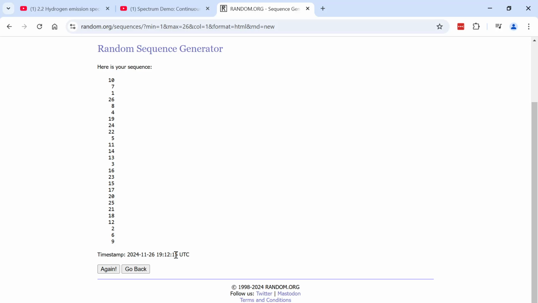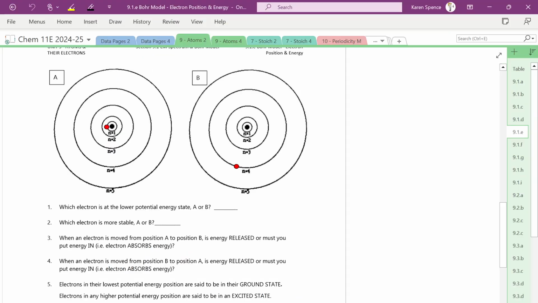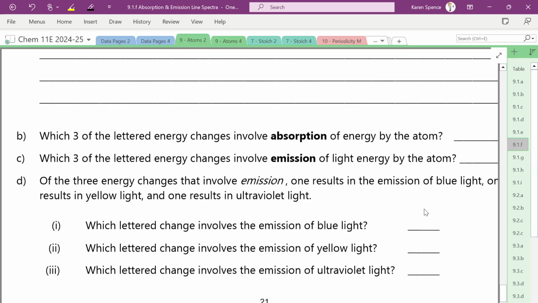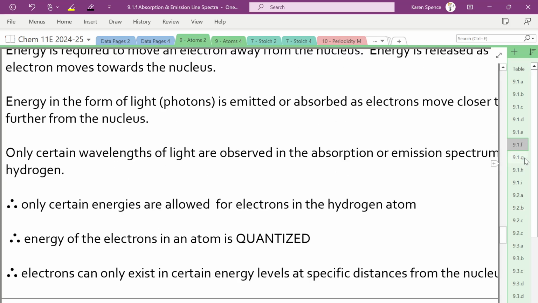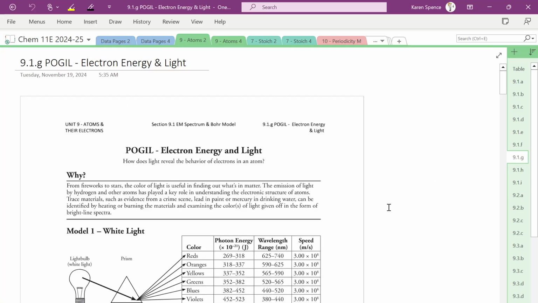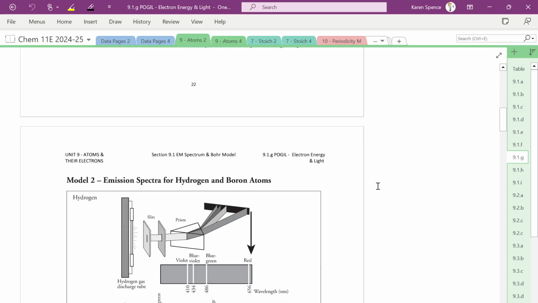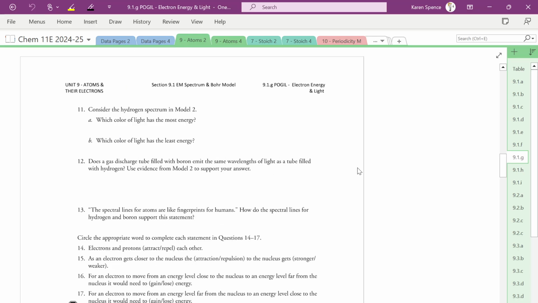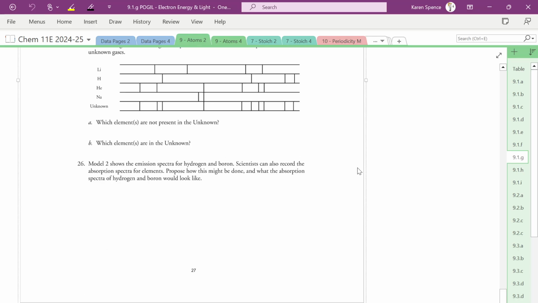You're going to find your people, and you're going to do the POGL, which is on 9.1G, pages 22 to 27.